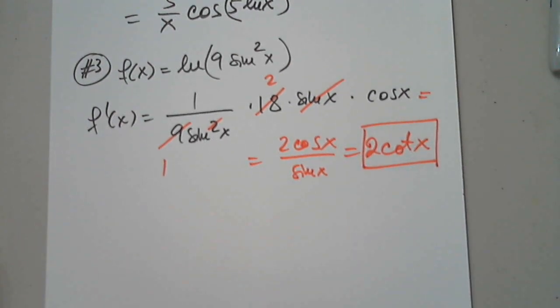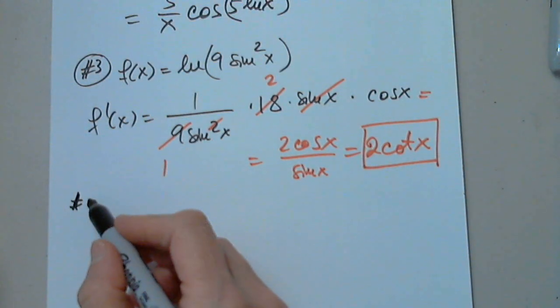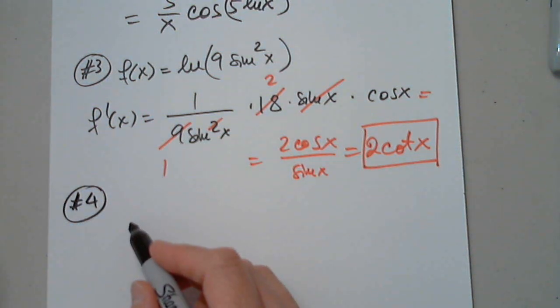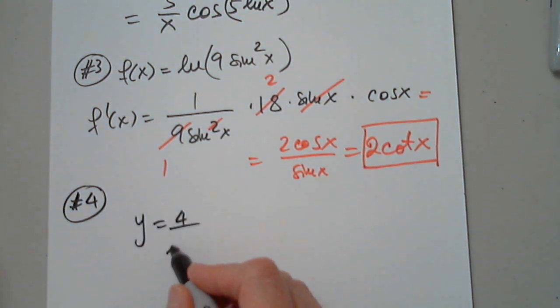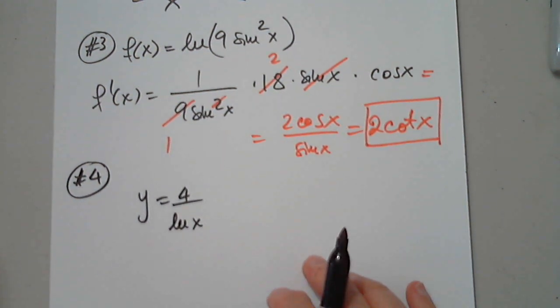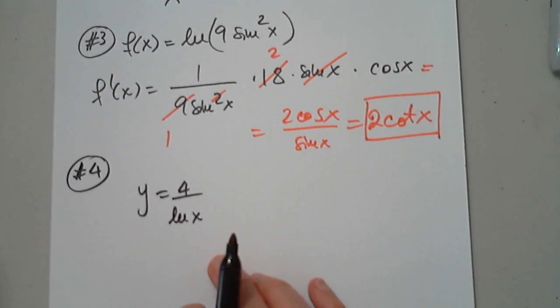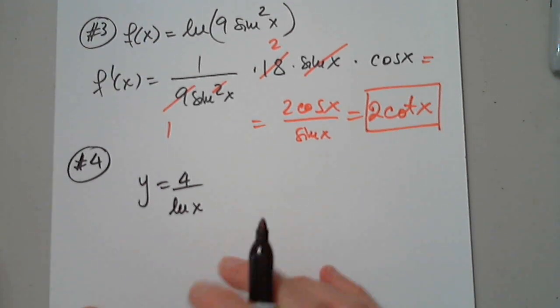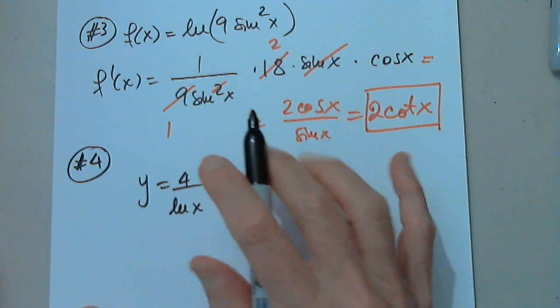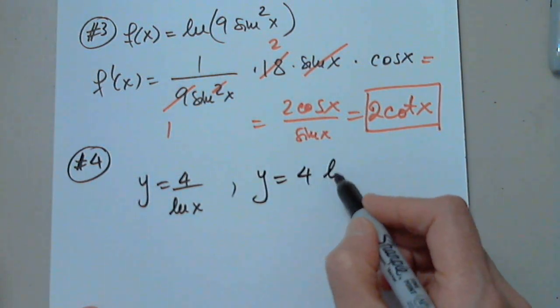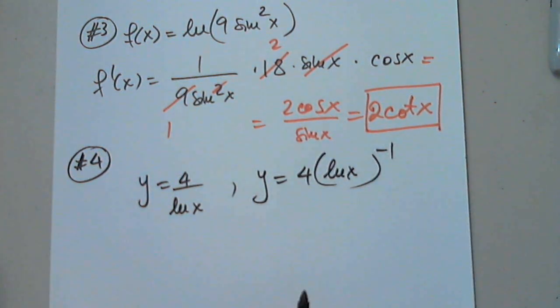It was number 4, and it's y is equal to 4 over natural log of x. And we want to differentiate this. Yes. Perfect. This is what I recommend. y equals 4 times natural log x to the negative 1.